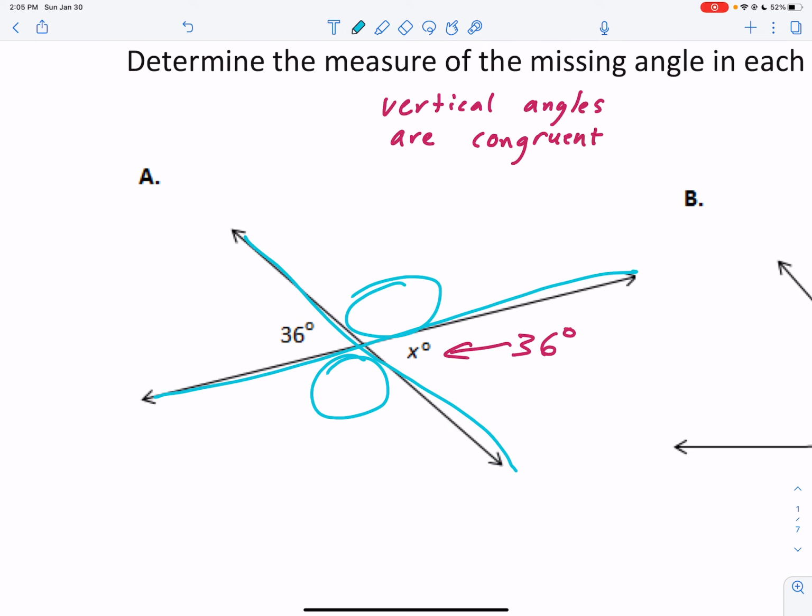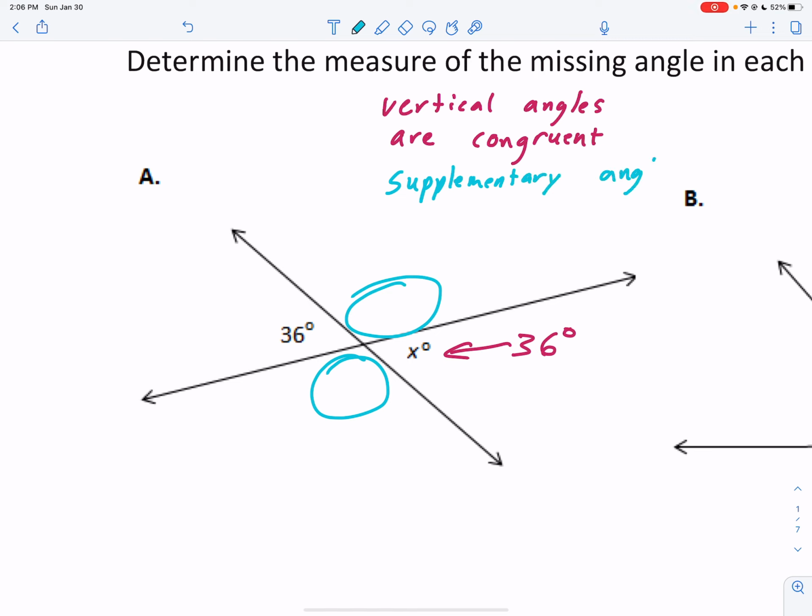Kind of messing up my colors there. Sometimes, in a later one, I'm going to use colors where we have multiple angles that show up, to help you not get them confused. But since we know this one's 36, we have this idea of supplementary angles. When we have a line formed like this, there's a full angle to get from one side of the line to the other.